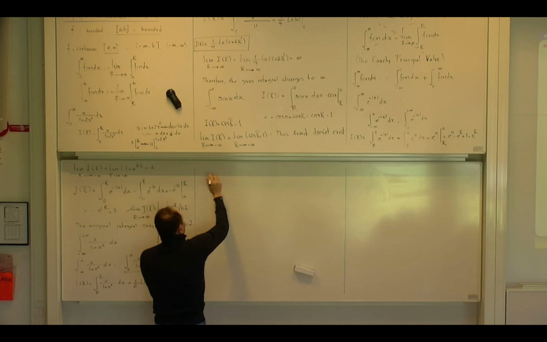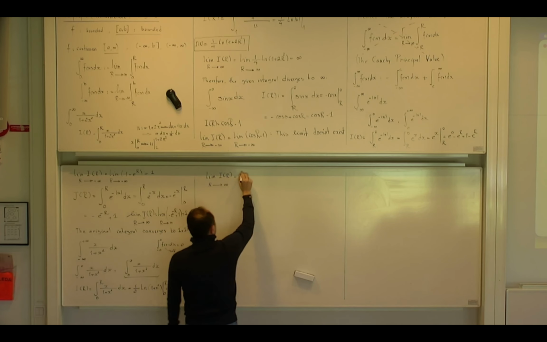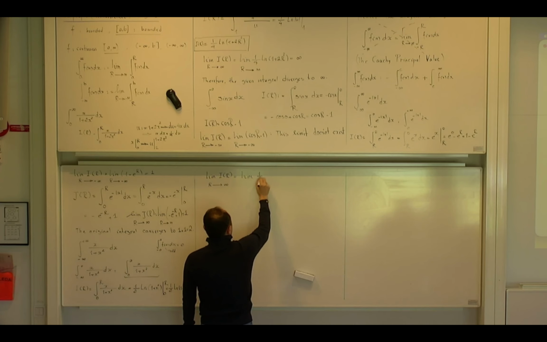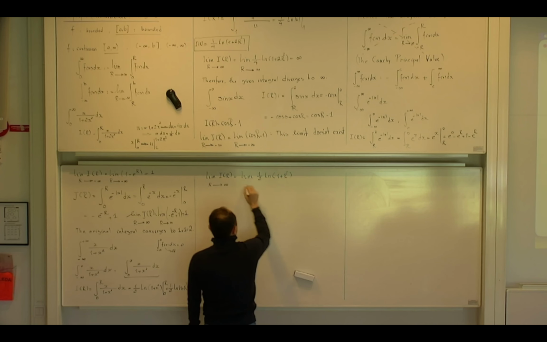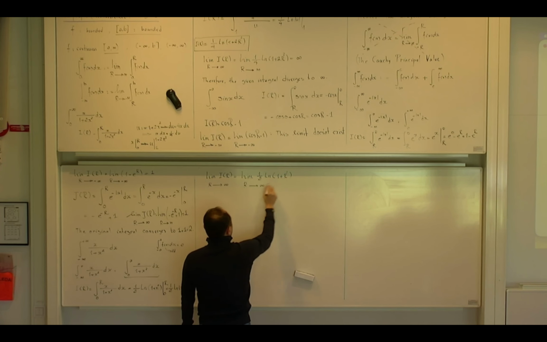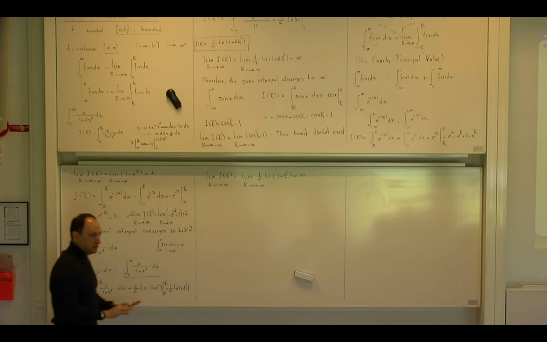So, I have to take the limit of I of r, and I send r to infinity. So this becomes the limit of 1 over 2 ln of 1 plus r squared, r goes to infinity. What is the answer? Infinity. Yes? And I stop.